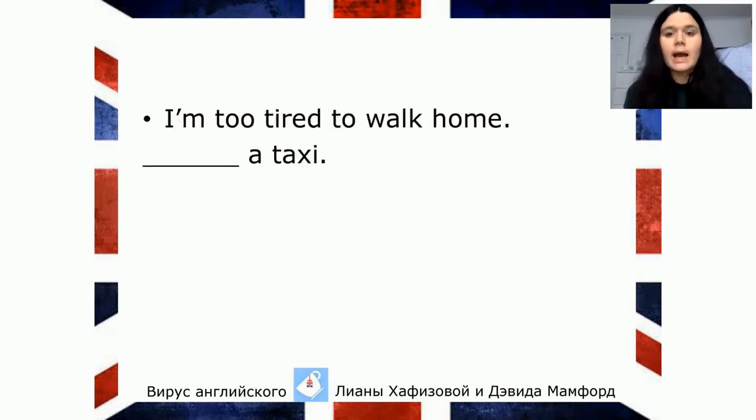For example, I'm too tired to walk home. Maybe I'm somewhere out, at the times when being out was allowed, so I need to do something with a taxi. Because I've just decided this, we're using future simple, but what will be the full sentence? I'm too tired to walk home.